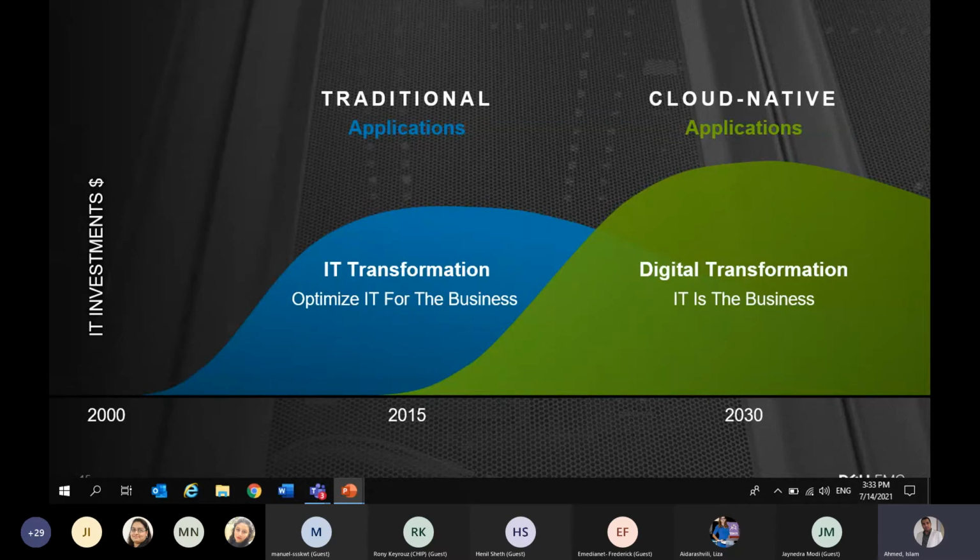But now we are going, or have started already, to go to digital transformation. What's the difference? In digital transformation, IT itself is the business. So instead of putting a data center to serve my banking business, now the IT itself becomes the business.